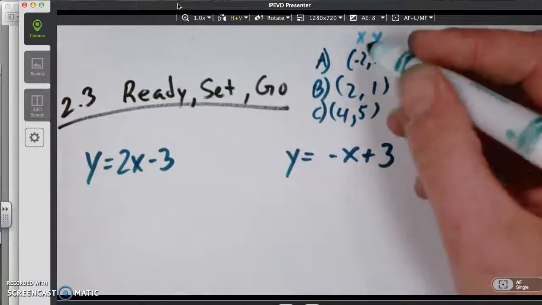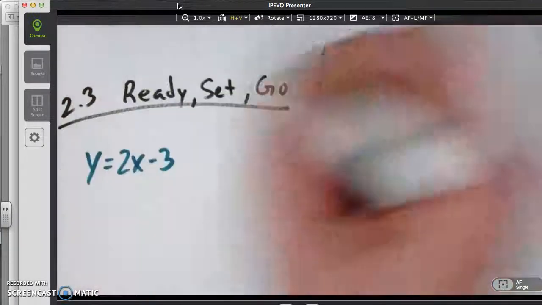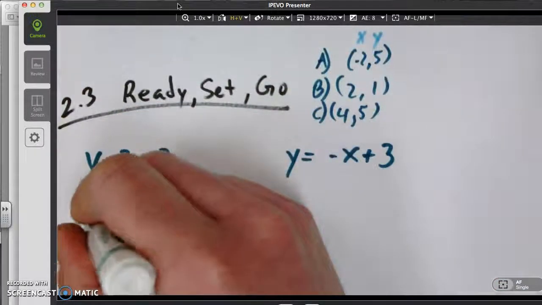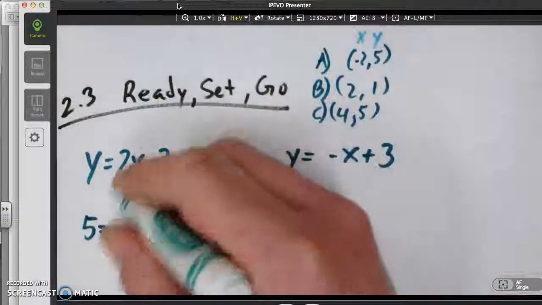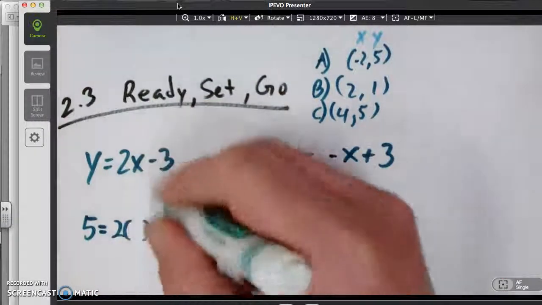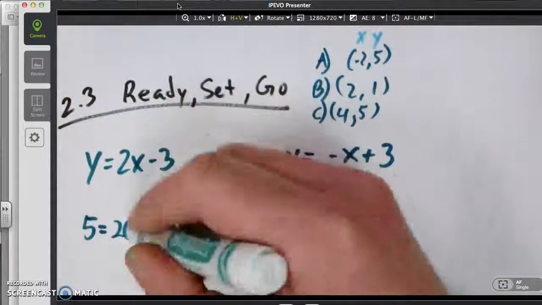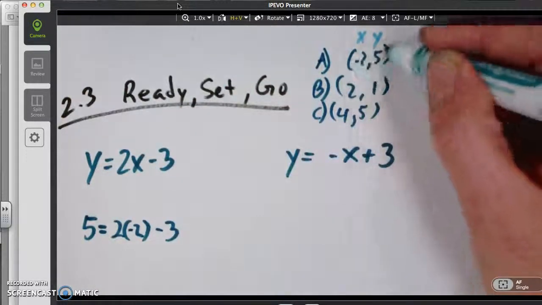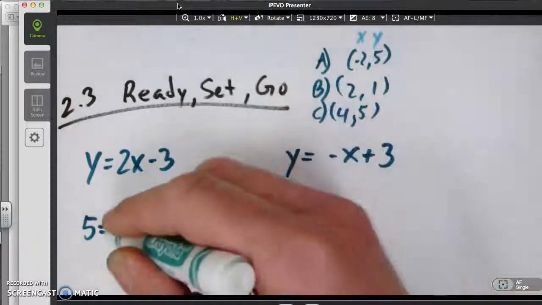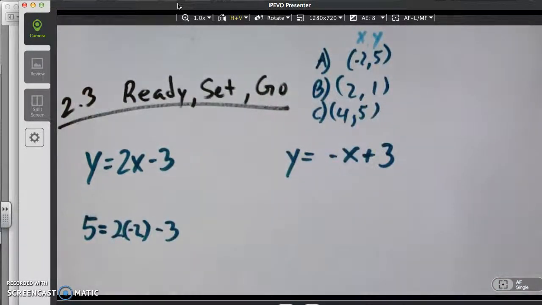So the number one thing you got to do here, when you substitute, make sure you're putting the 5 in for y, and then we got a 2 here, and then the x, and then the -3. And for x, I'm going to replace this x with a -2. I'm taking these two values and plugging them into our equation.